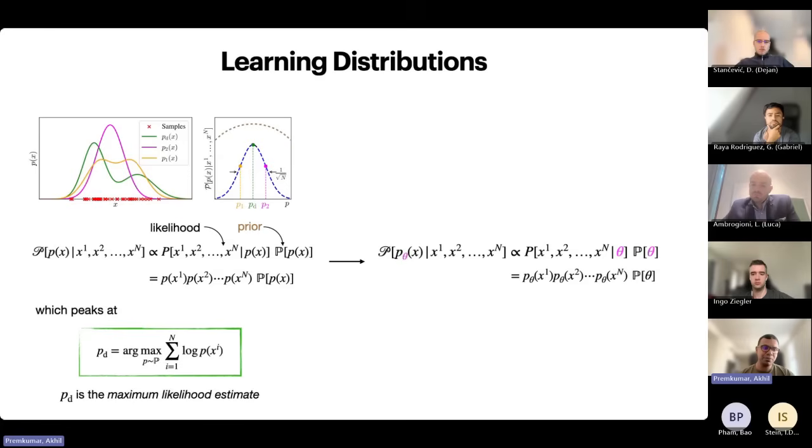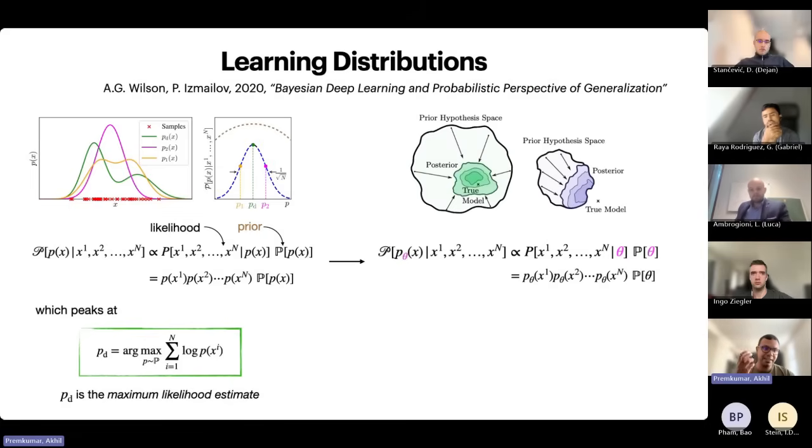And it's important to choose a model, or a prior over the parameters, which actually contains your true model within it, right? So a simple example is a Gaussian mixture model, in which case the theta are just the mu's and sigmas of the Gaussian mixture and the component probabilities, right?